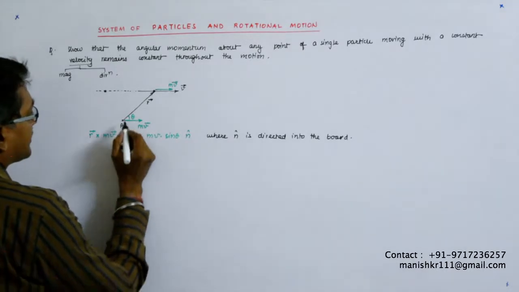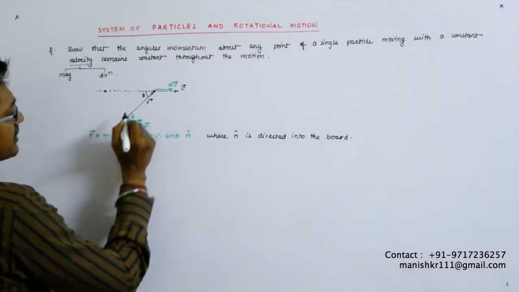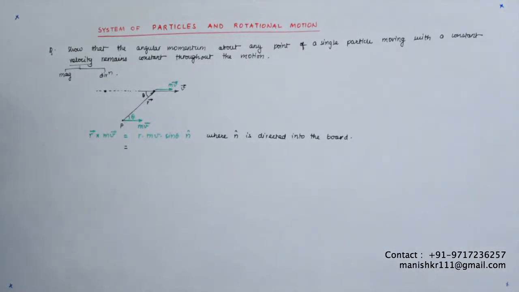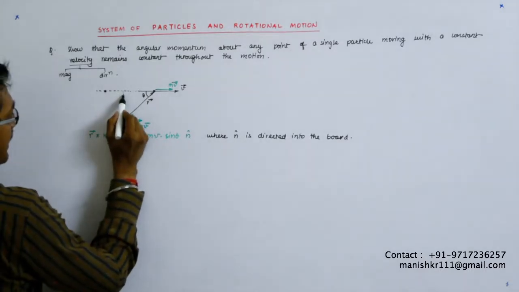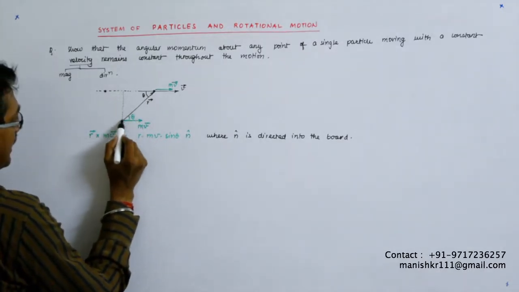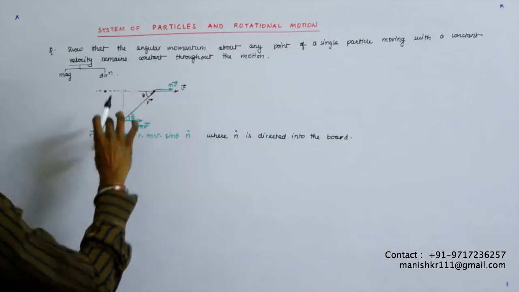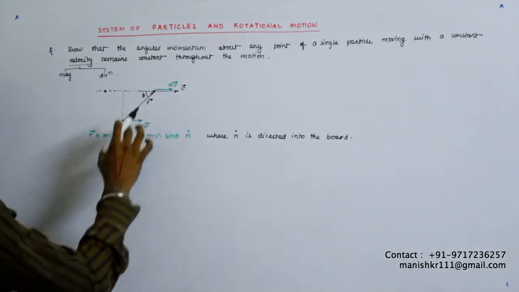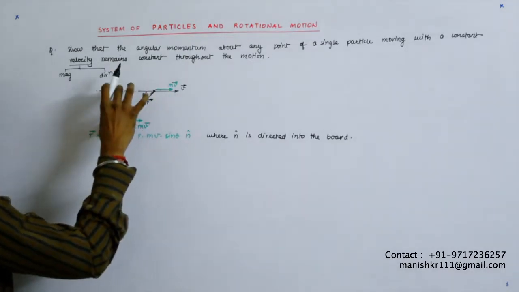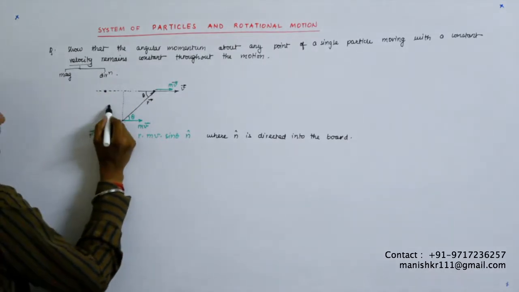Now, if this is theta, what is this? Theta? And what is this? 90 degree. What is this length? This is R. This is R cos theta. This is R sin theta.